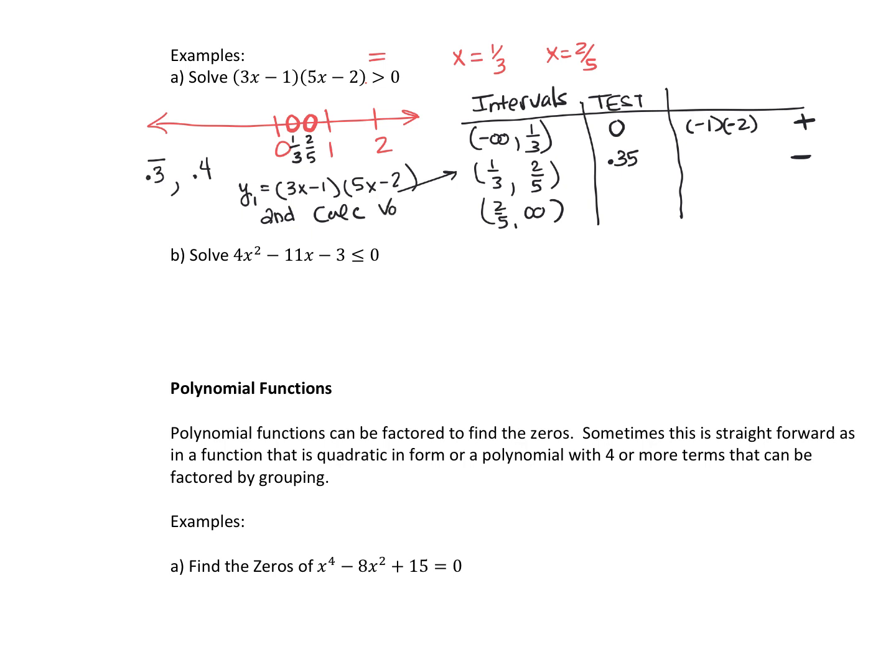All right, so 2/5 to infinity, I'm going to choose 0.5, and 0.5 is going to give me a positive result. So again, in this case, I want it to be greater than 0, or positive. So my solution is negative infinity to 1/3 union 2/5 to infinity.